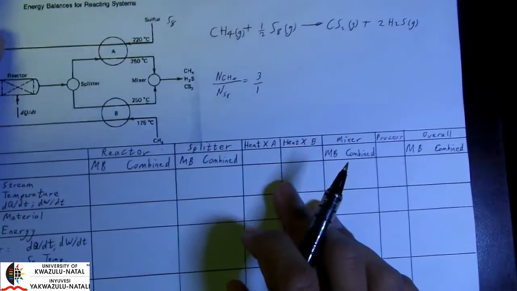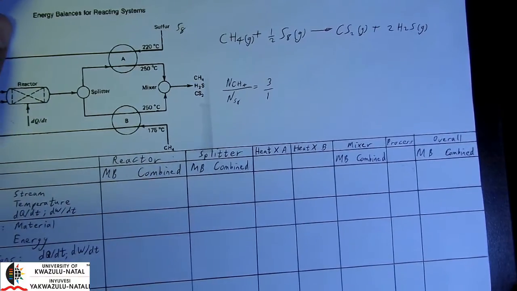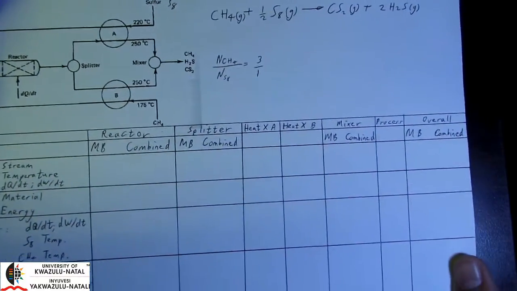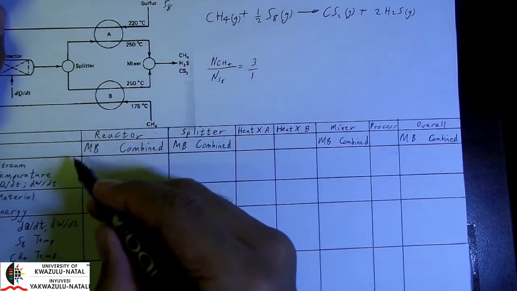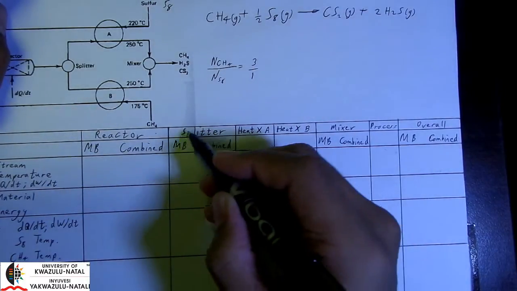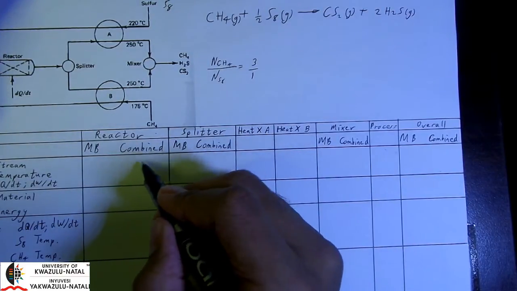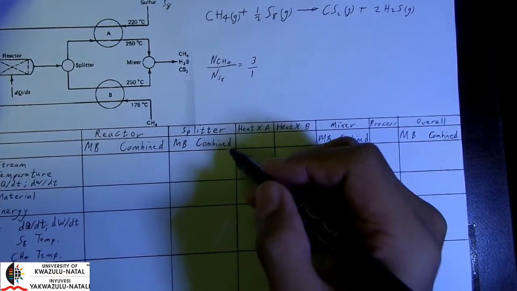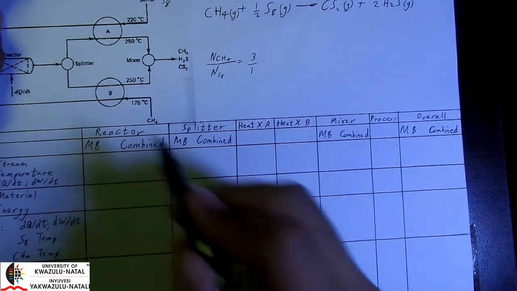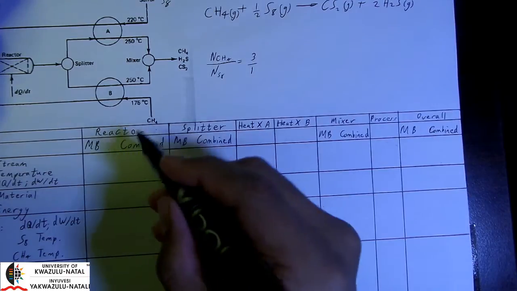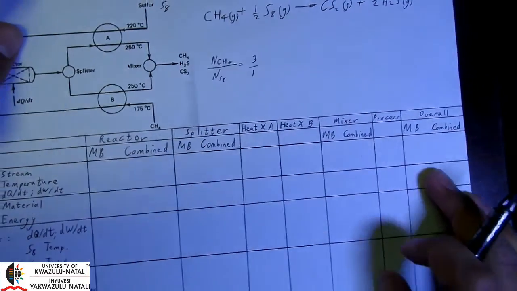So this is how a degree of freedom table is drawn up when taking into account material and energy balancing. Note that there is a separate calculation for material balancing only, and there is a calculation for combined mass and energy balancing. So we don't really do material balancing on its own and then energy balancing on its own. Energy balancing is done in combination with material balancing.